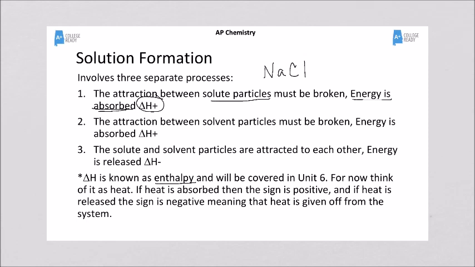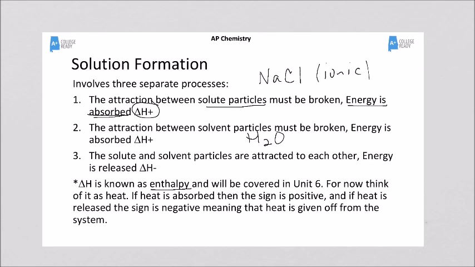And then number 2, we have a solvent that's attracted to itself. So if we think about water as our solvent, NaCl had ionic bonds holding it together. That's what had to be broken. Water has hydrogen bonding holding it together. And if the water is going to be attracted to something else besides itself, those attractions have to be broken.